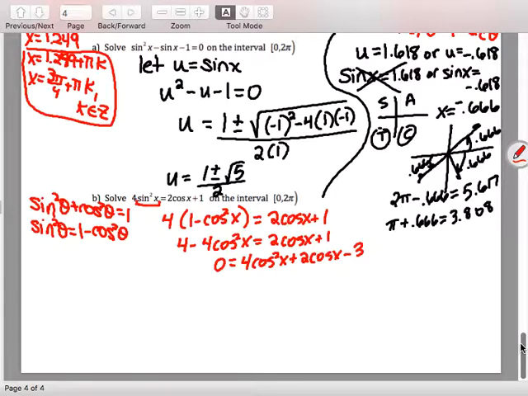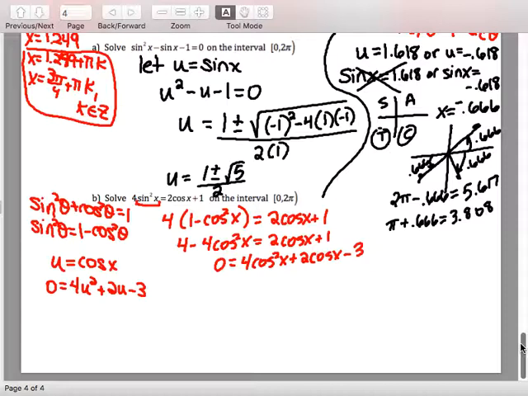And there's no pair that does that. So it shouldn't take me too long to figure out it's not going to factor. So I'm going to do a u substitution and say u is cosine x. So that's 4u squared plus 2u minus 3.